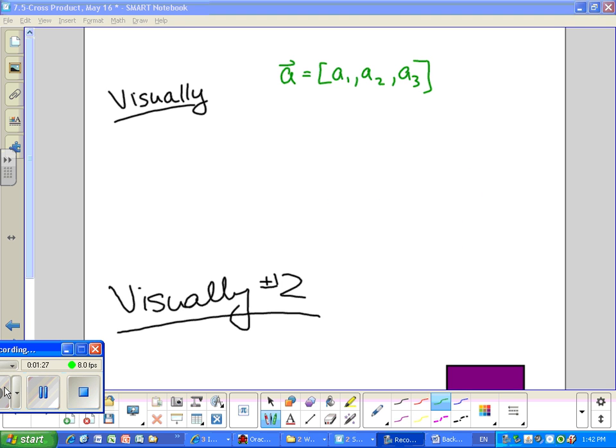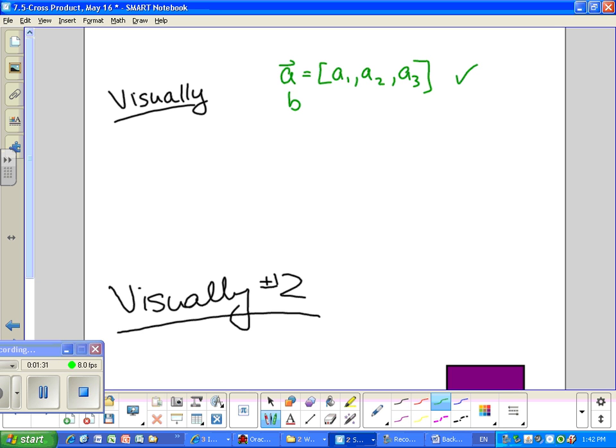So the first visual way is if you were given this vector A and you were given vector B, again, these would just be numbers, right? 1, comma, -5, comma, 3. If you're going to set this up, you need your i, your j, and your k. So that's your x's, your y's, and your z's. If we're going to do A cross B, that means our A's have to be first.